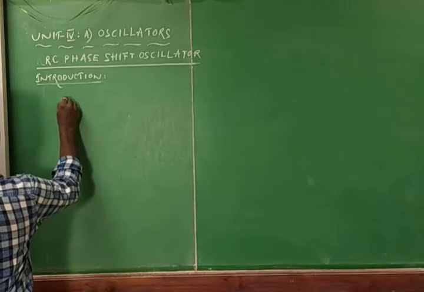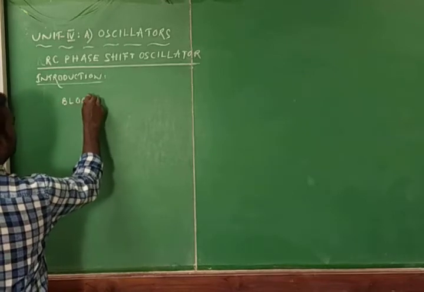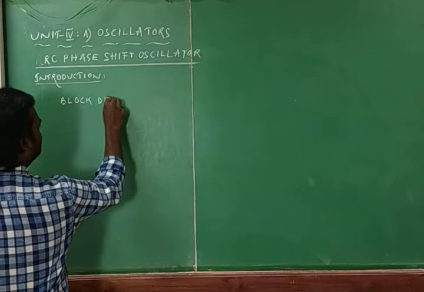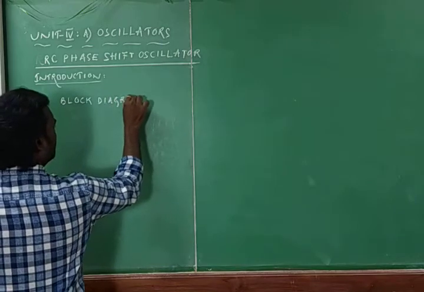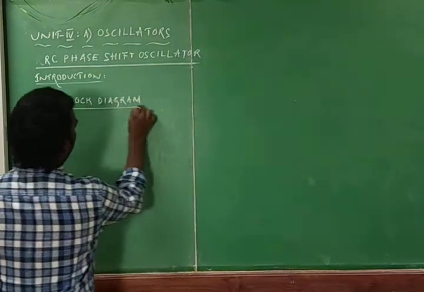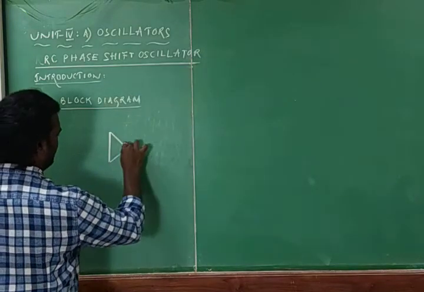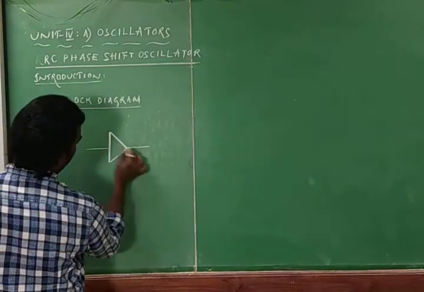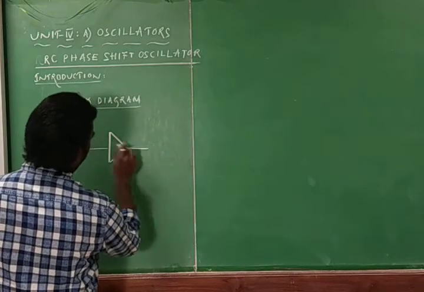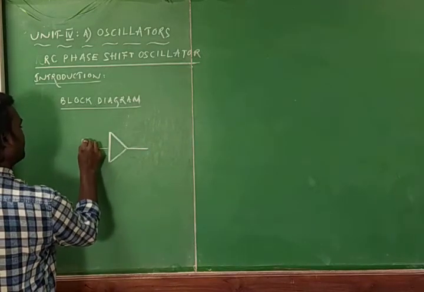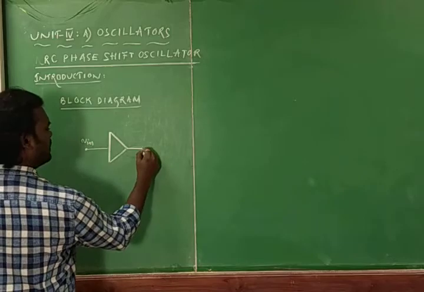Then I am going with the block diagram of the RC phase shift oscillator. We know that this is an amplifier section. Here we will have V in, and this will be V out.